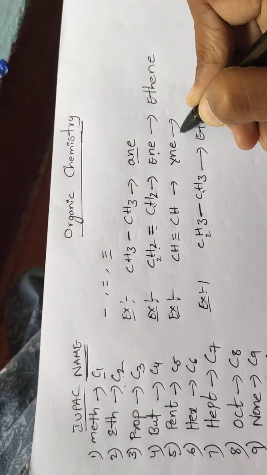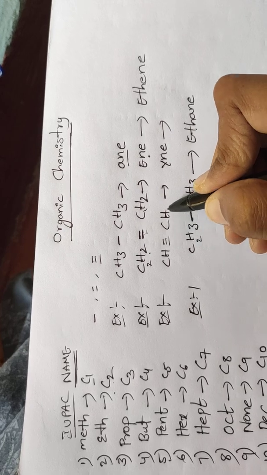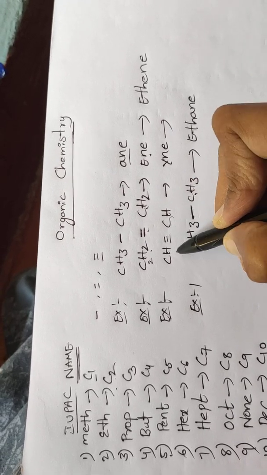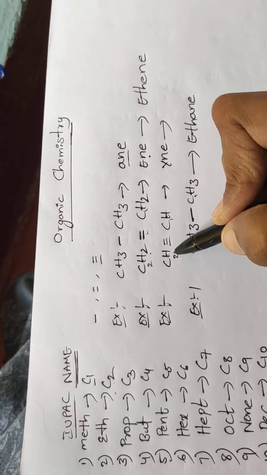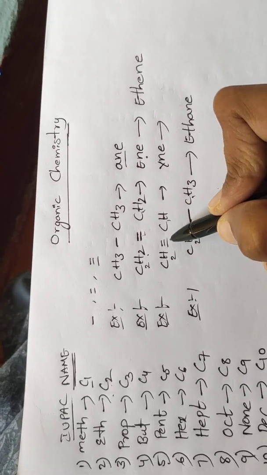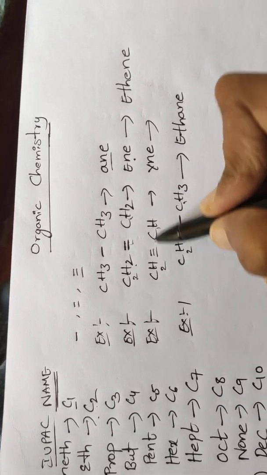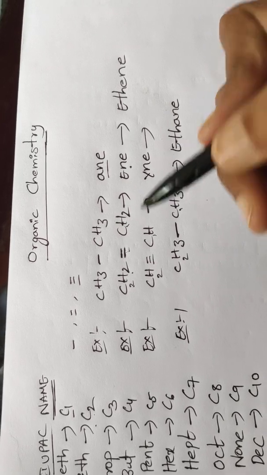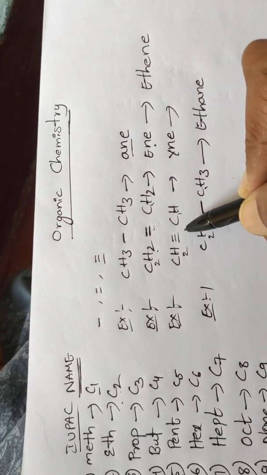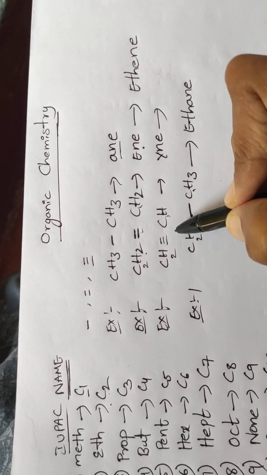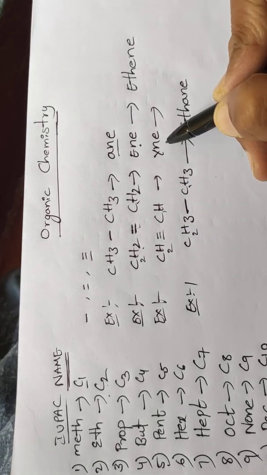Next, third example, CH triple bond CH. Here also 1 and 2 carbons are there. In between carbons a triple bond is there, and hydrogens have single bonds as we followed before. 2 carbons means we know that is eth. Triple bond means ine.